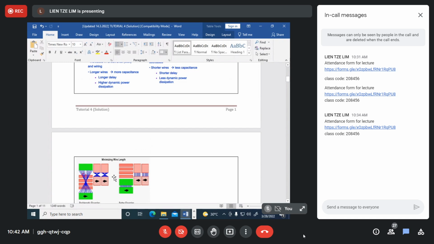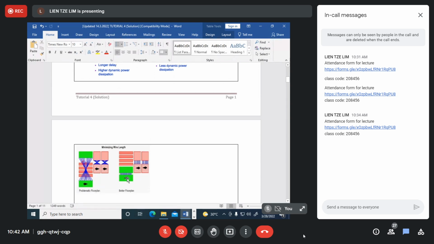What is the difference between these two floor plans? To illustrate a good floor plan, we can draw it in this way, with the order and arrangement of the macros being different, by minimizing the use of the area.